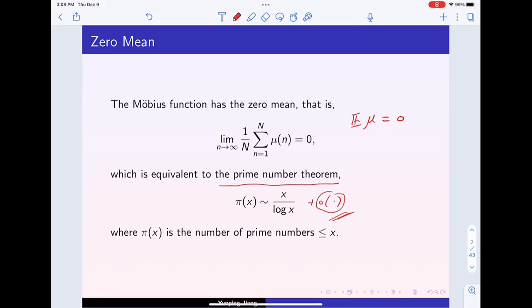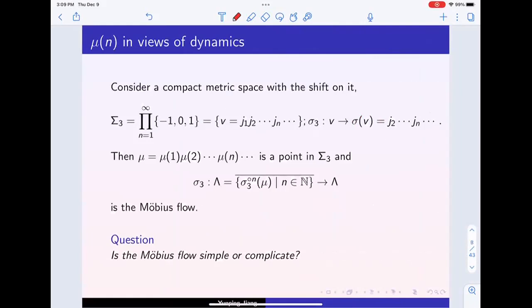So now everything I talked about is in number theory, but let's talk a little bit about dynamics, right? So first, how can you view this Mobius function in dynamics? Since the Mobius function takes 3 values, -1, 0, 1, you just take this set with the discrete topology.